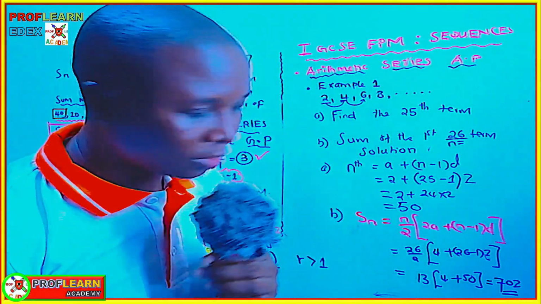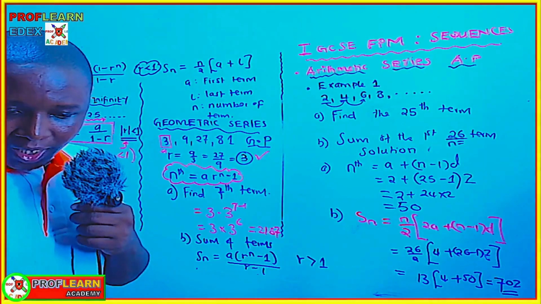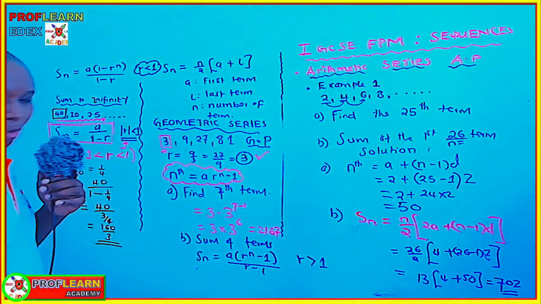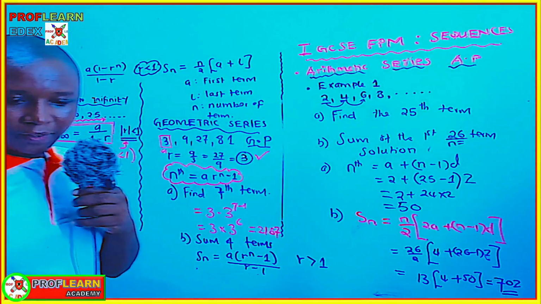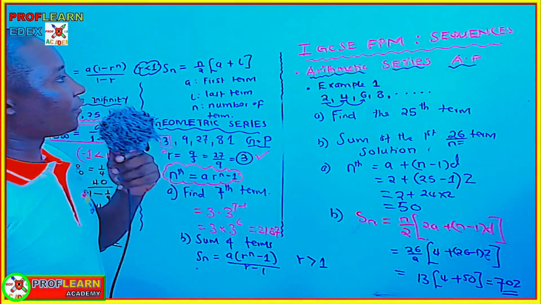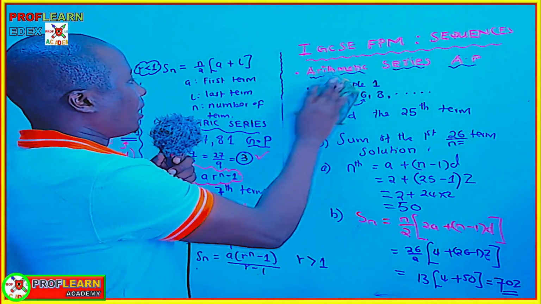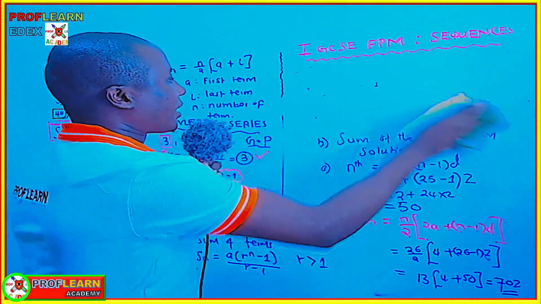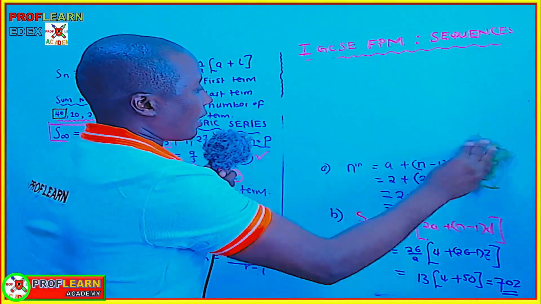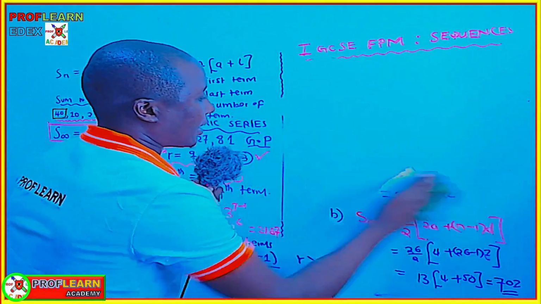Well, these are the areas that you ought to understand as far as IGCSE further pure math sequences are concerned. Let me just introduce the last case you are going to be seeing in your exam.